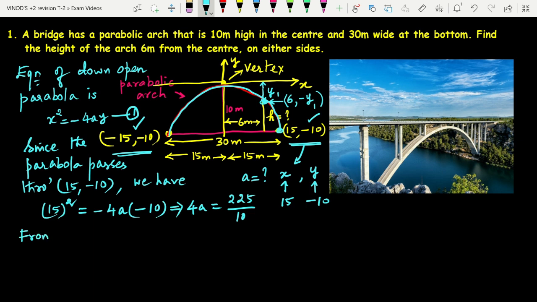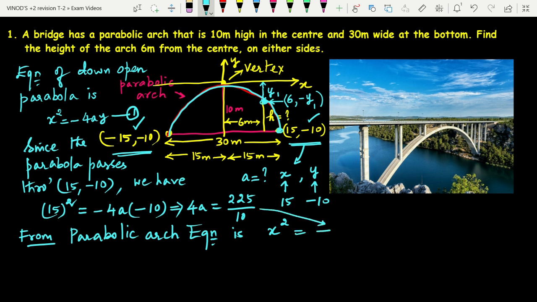So from 1, the parabolic arch equation is x square equals minus 225 by 10 into y.